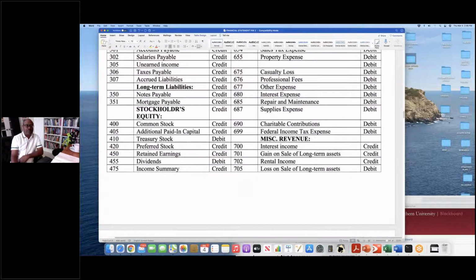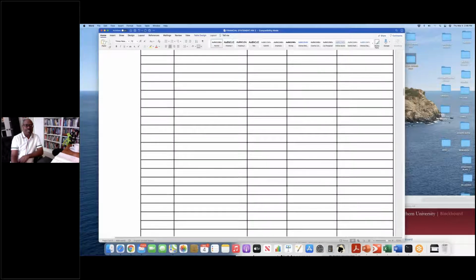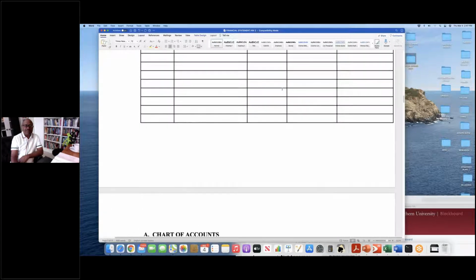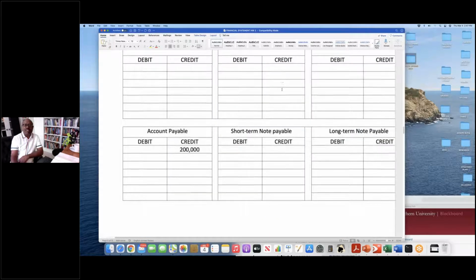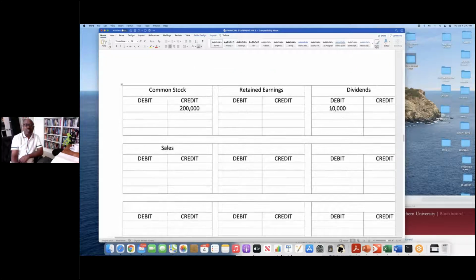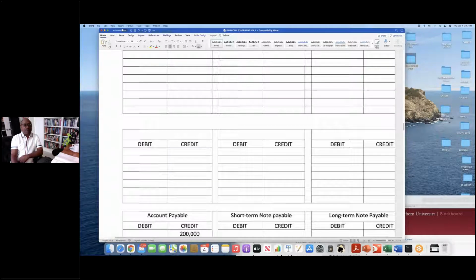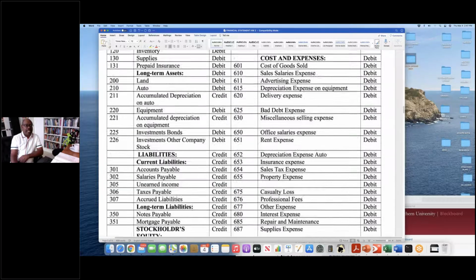Okay. Professor Boyd, you put 10 instead of 20 for dividends. Thank you. Okay.